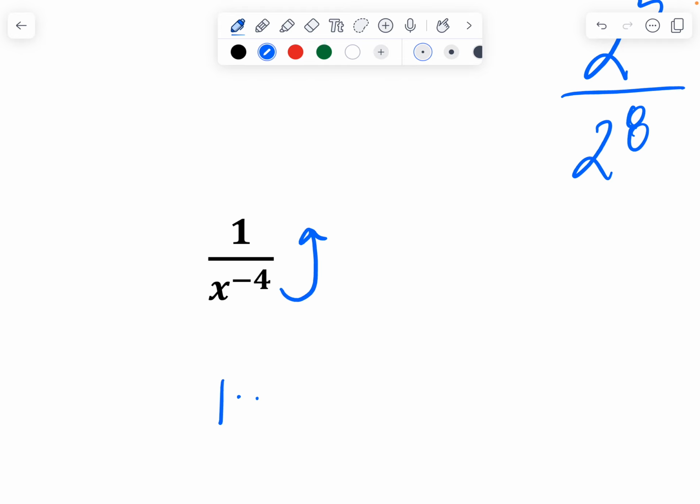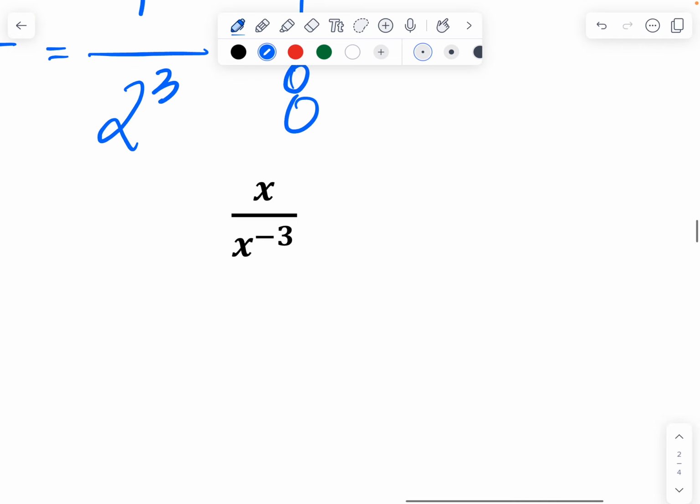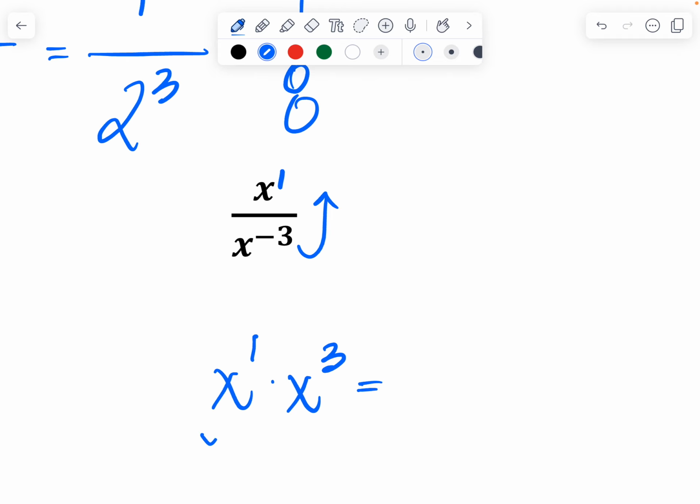So we'll have 1 times x to the positive 4th, which I would just write as x to the 4th. All right, and then the last one, here we've got x to the 1st and x to the negative 3rd. So we're going to send up that x to the negative 3rd and multiply it. Now it'll become positive. Remember, when we multiply, if we have the same base, we add those exponents, so x to the 4th.